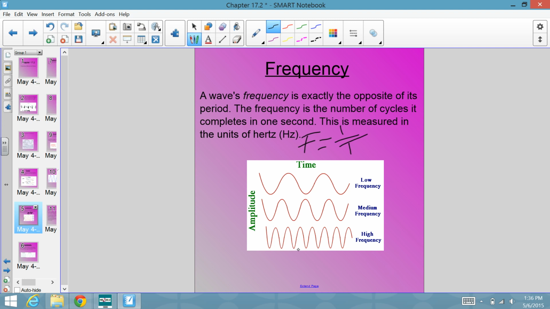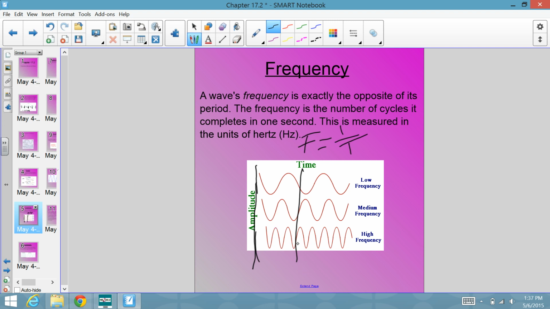And what that means is, in 1 second, more of these are going to pass by than in this picture. If we say 1 second is the time from here to here, you can see this only has 1 full wavelength that passes by. This has a little bit more than 1, and this has a little bit more than 2. So the more wavelengths that pass by in 1 second, the higher the frequency is going to be.